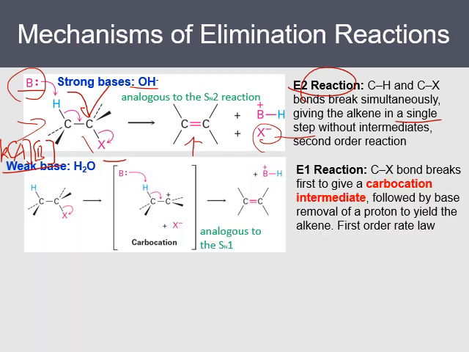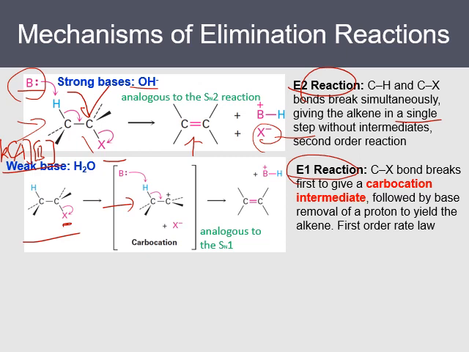Now the E1 elimination reaction undergoes 2 steps. In the first step, the alkyl halide's carbon-halogen bond breaks, so the leaving group leaves and forms a carbocation. This step is the same as in the SN1 reaction. It also forms a carbocation.